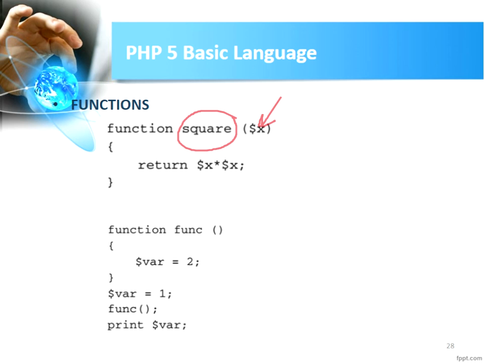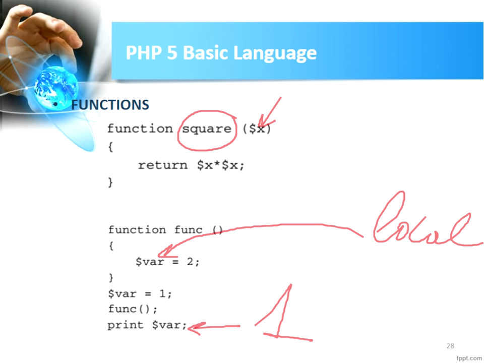In this case, what is the result of print variable? Not 2. We will obtain 1. Why? Because the variable is local, like JavaScript. Okay? Is it clear? The modification of the variable here will be only inside the function.